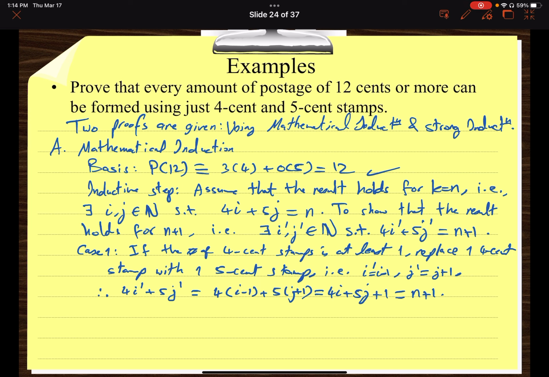Now in case 2, assume that I was actually equal to 0, I don't have any 4-cent stamps. What can I do to reach n plus 1 from n? So I only have 5-cent stamps, yes. Say that again.